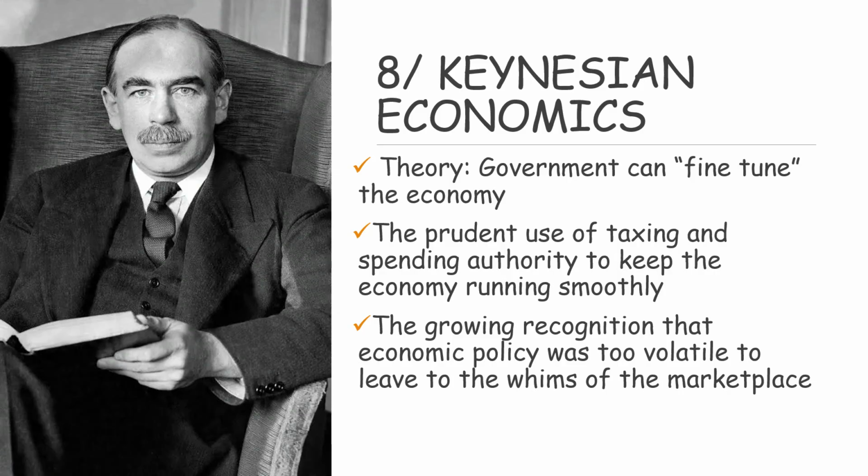His book, The General Theory of Employment, Interest, and Money, laid out the principles of Keynesian economics, which is the idea that an activist government can help smooth out the boom and bust nature of a free market economy. The problem with free market economies is that if you get misallocation or misinvestment of resources, it can lead to inflationary cycles, which can then lead to unemployment, and ultimately pull you into a recession.